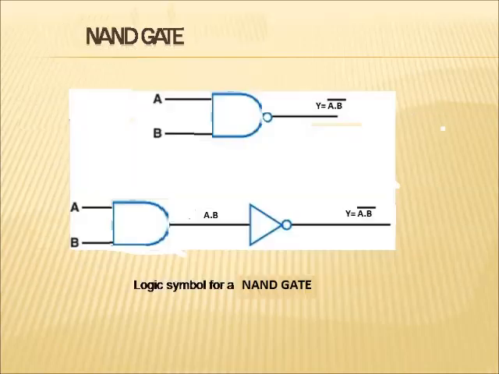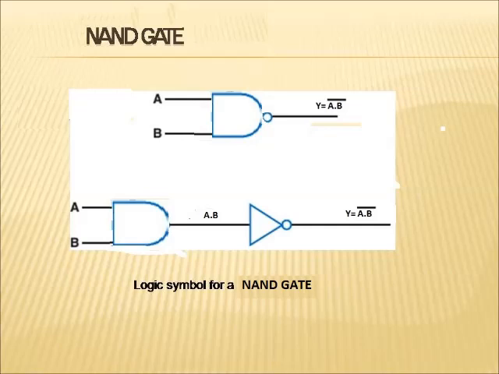Here you can see the logic gate symbol of a NAND gate. A and B are the two input lines. It produces an output Y is equal to A dot B the whole bar, that is the negation of A dot B. We already learned that NAND is the combination of a NOT gate and an AND gate.